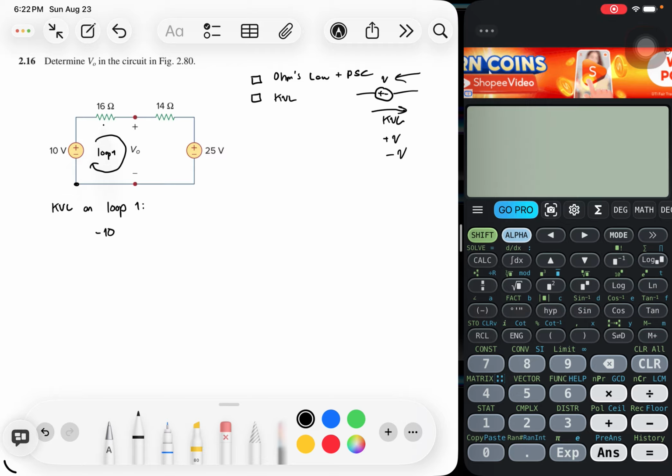In this case, our direction of travel is clockwise, so we assume that the current direction is traveling from plus to minus. We'll call this voltage V. So that would be positive V. And then for V naught, we have positive V naught, which is equivalent to 0. Then we have the equation for V naught that is equivalent to 10 minus V. Let this be equation 1.